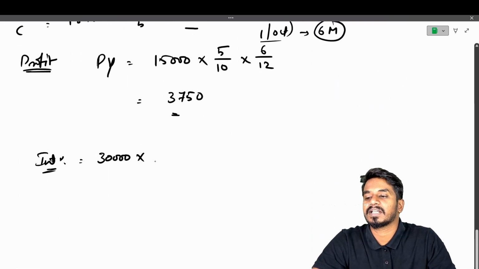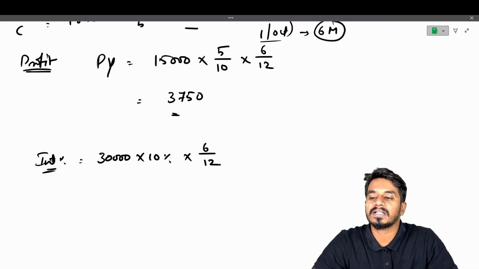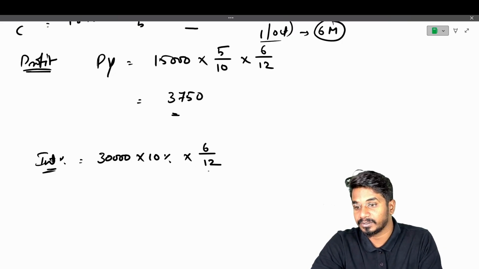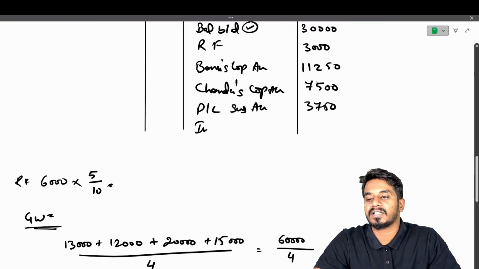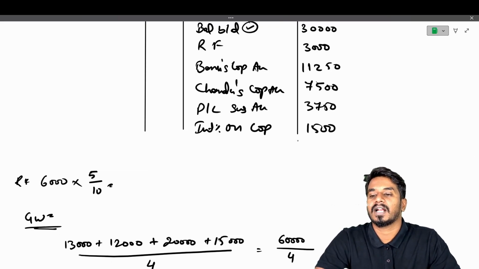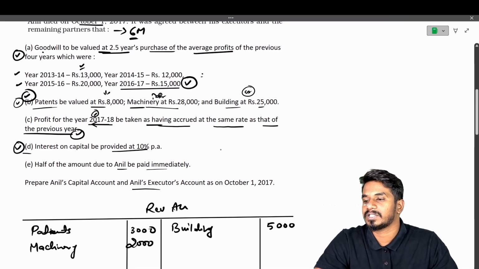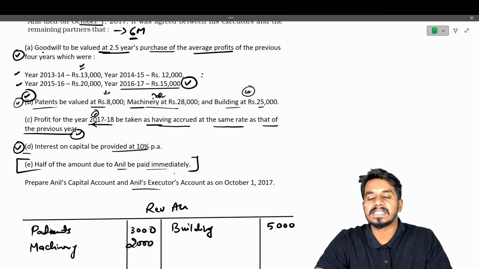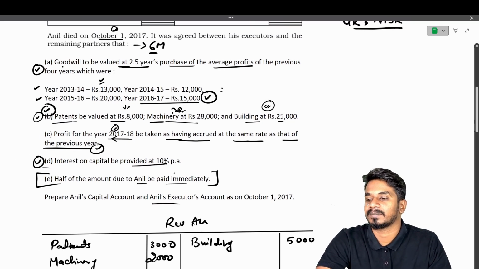So 30,000 rupees into 10% is the interest on capital, for 6 months only. 30,000 into 10% into 6 divided by 12 is 1,500. So interest on capital is 1,500. Understood? Apart from that, is there anything in the question? No. Half we have to pay at the time of creating Anil's executor's account. No issues. Fine. So let us total it.